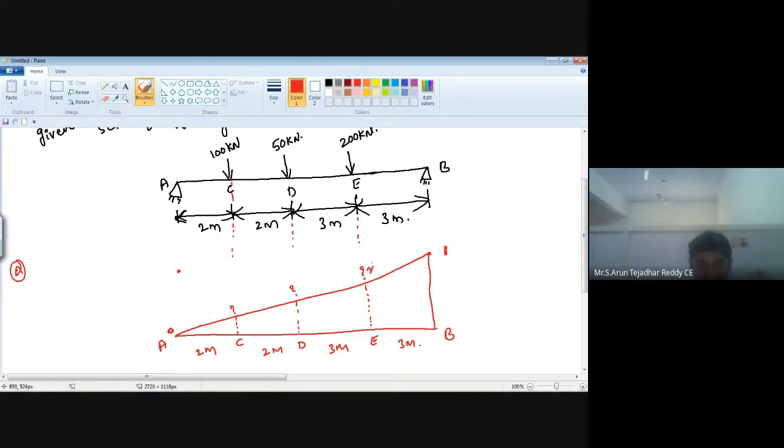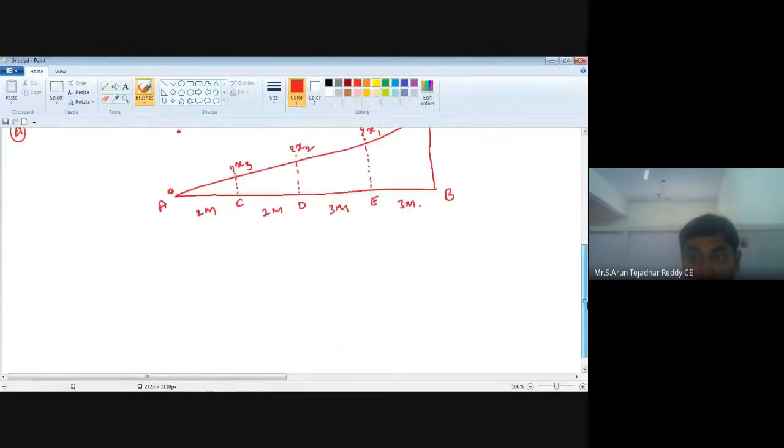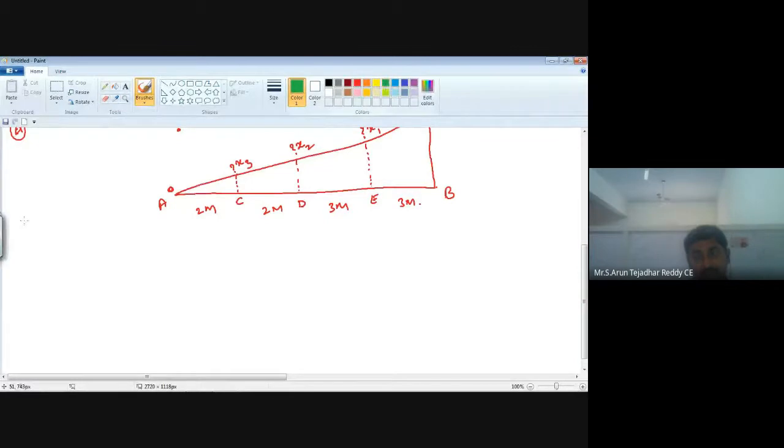Let's call these x1, x2, x3. First of all, find out these three values. How to find them? By applying the similar triangle concept.